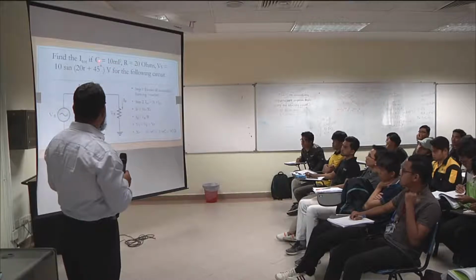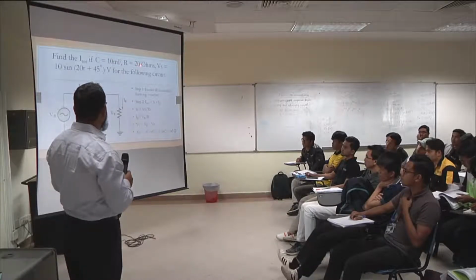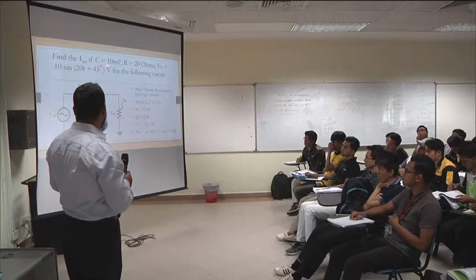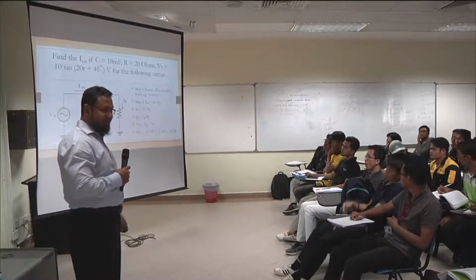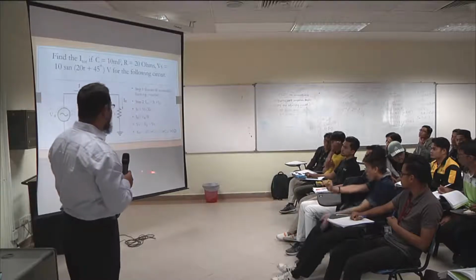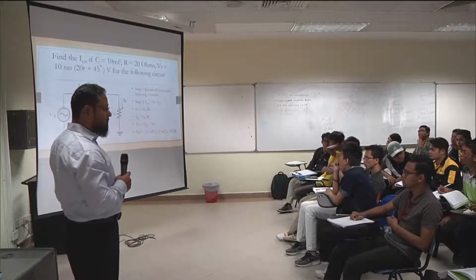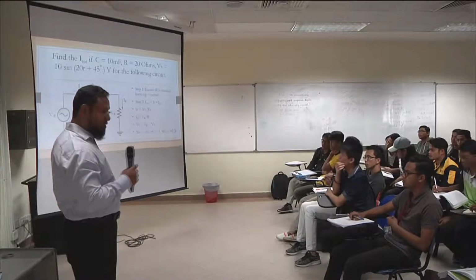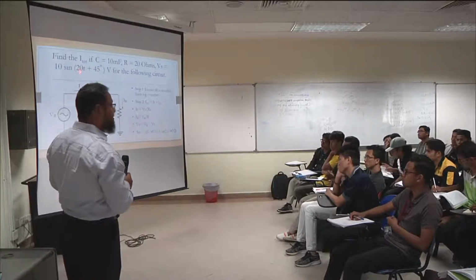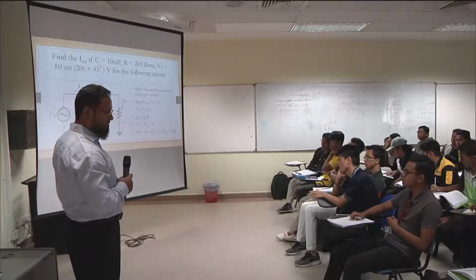Then we have to find the phasor for this one, and this is easy. It remains the same. But for this one, it's negative j over omega C. So what is omega? Can you tell me the trickiest part? What? 20. Perfect. It's given here. Omega is 20. Okay?